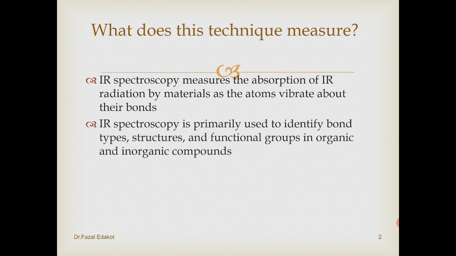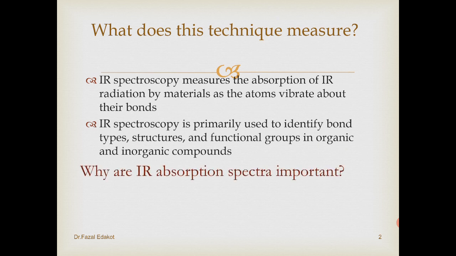IR spectroscopy is primarily used to identify the bond types and structures: what type of bond it is, single bond, double bond or triple bond, or whether it has any heteroatom, and what functional groups are present in organic and inorganic compounds.